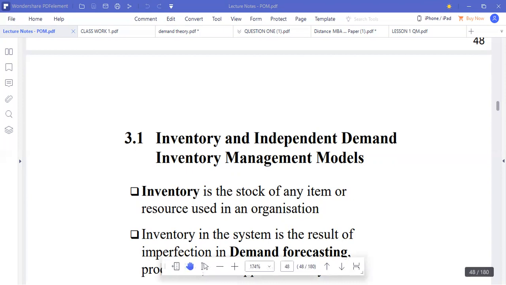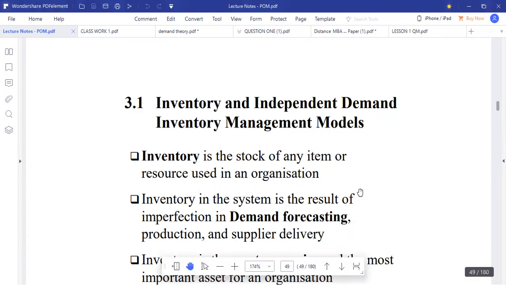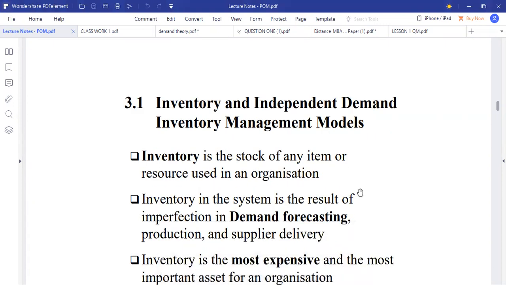So we'll get into what are the advantages of keeping stock and what are the disadvantages of keeping stock. Inventory is a stock of an item or resource used in an organization. And inventory in the system is the result of imperfection in demand forecasting, the production and supply delivery.